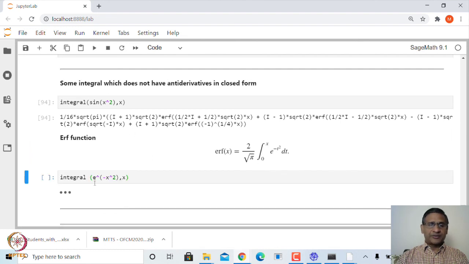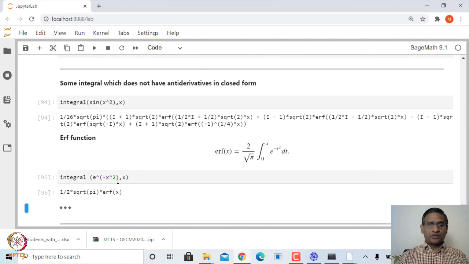Of course, you can find the integral of e to the power minus x² with respect to x; it will be the error function times square root pi by 2. This scaling factor comes in here.